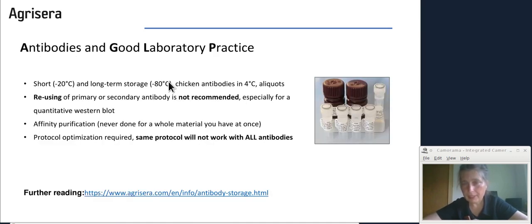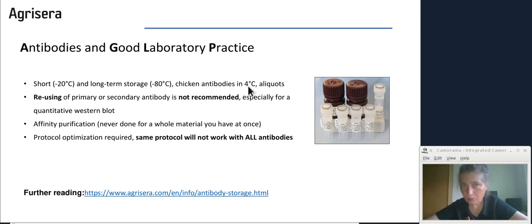I would like to mention a few words about good laboratory practice, which is very important when you work with antibodies. For short-term storage, we use minus 20 degrees, and long-term storage, meaning several years, minus 80 degrees. However, please keep in mind that some antibodies are not suitable to be stored at minus 80 degrees, and therefore, if you purchase a catalog antibody, you should carefully read the instructions.